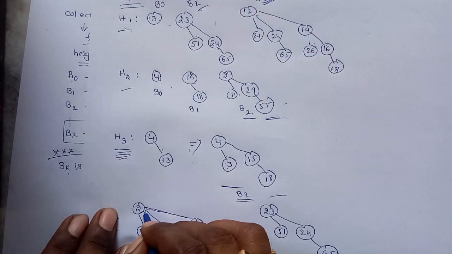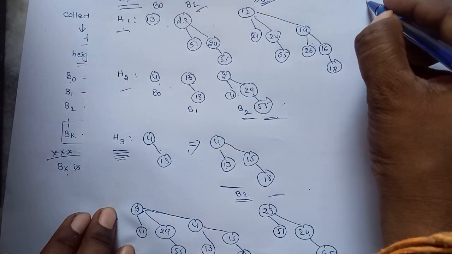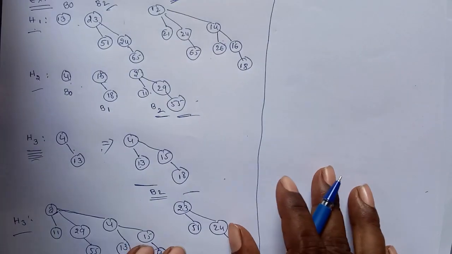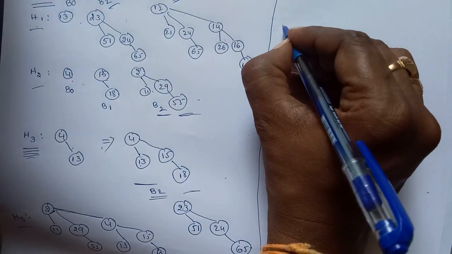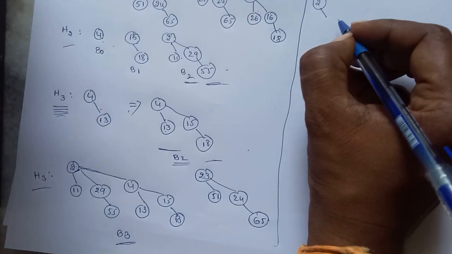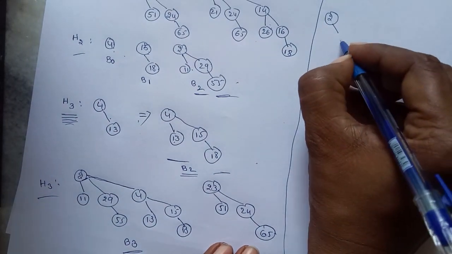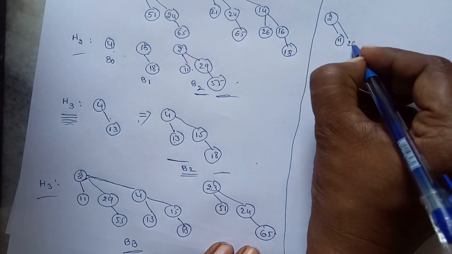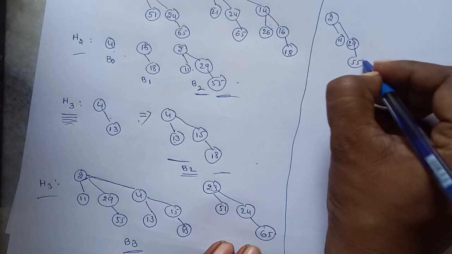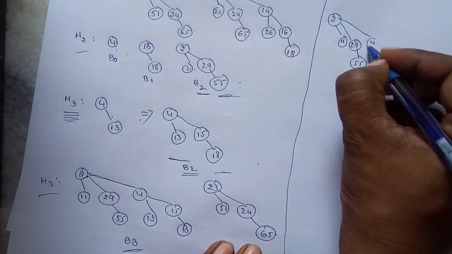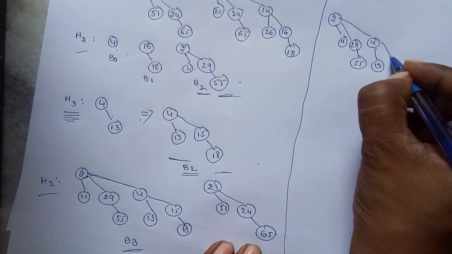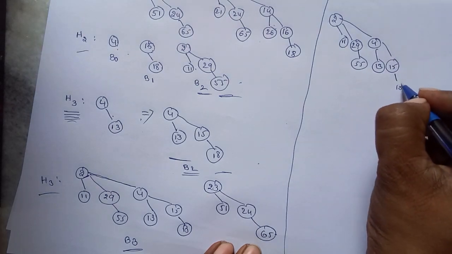2 is the smallest value compared to 12. Simply I am writing 2, 11, 29, 55, 4, 13, 15, 18.